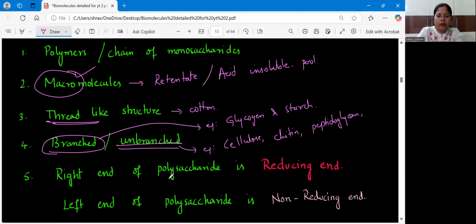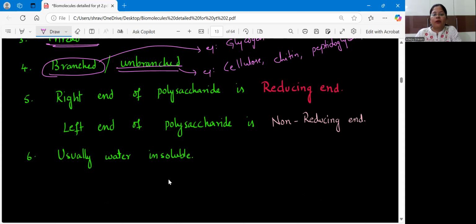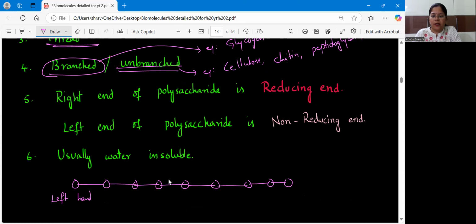Next, a very, very important point. If you talk about a polysaccharide wherein we have so many sugar units bonded by glycosidic bonds, say these are the sugar units bonded by glycosidic bonds, this side is your left hand side and this is the right hand side of the polysaccharide.